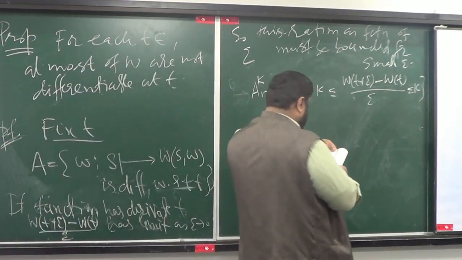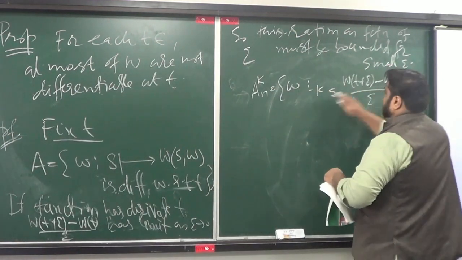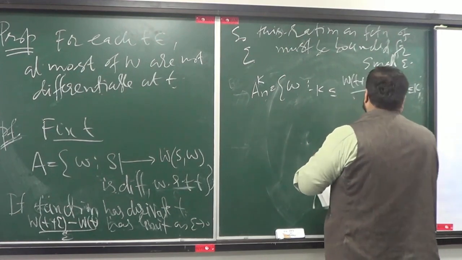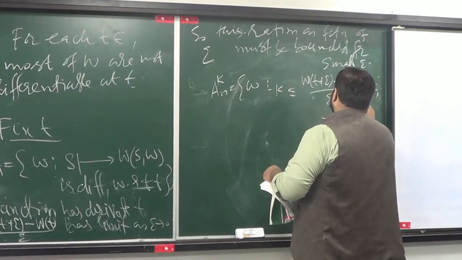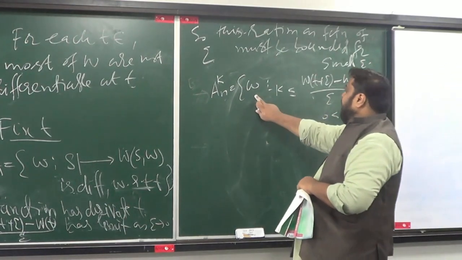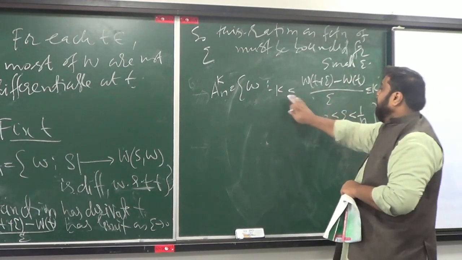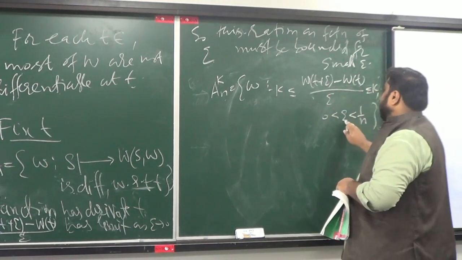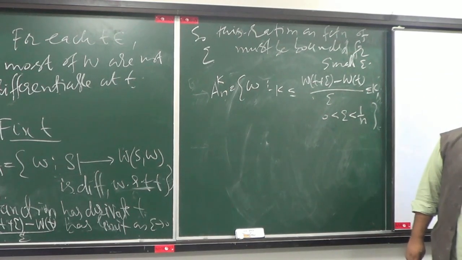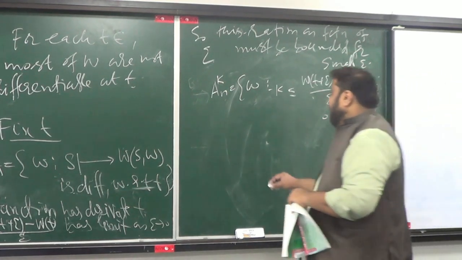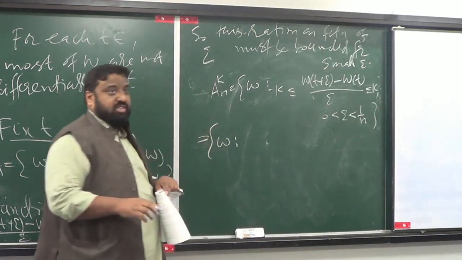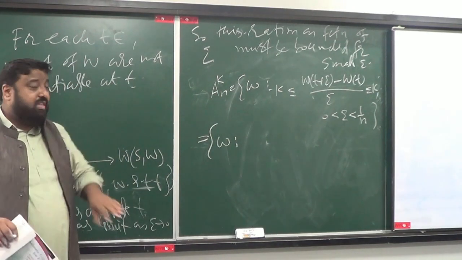And it depends on n, so it should have some description. And this epsilon is a number between 0 and 1. So it's a collection of omegas for which this number is sitting between the interval minus k to k, and epsilon is a number that sits between 0 and 1.